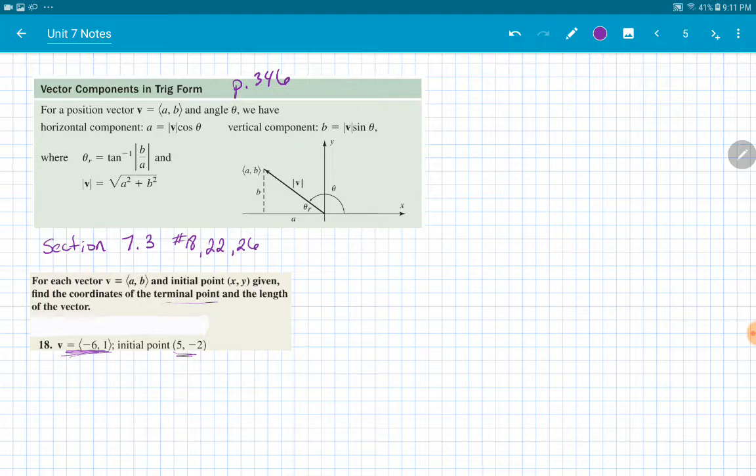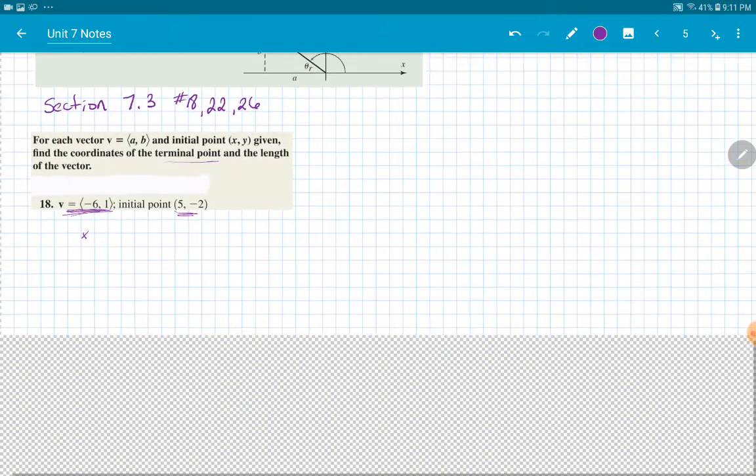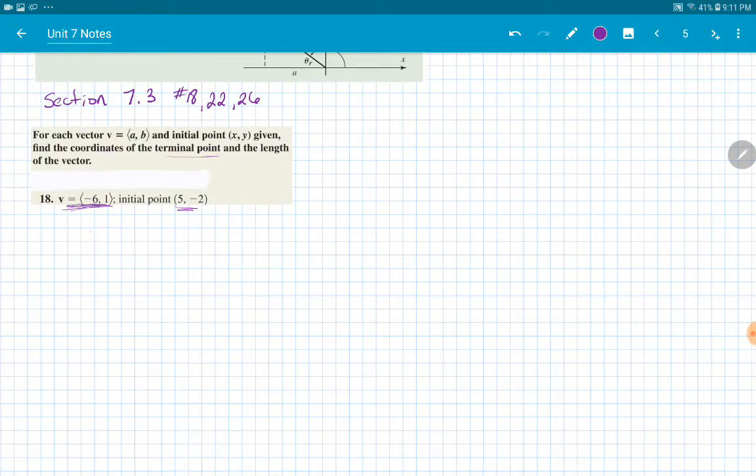So the terminal point. I'm going to scroll this up so I'm not in that corner. The x component starts at the initial point, which is 5, sorry. X starts at 5, but the horizontal component is left 6.